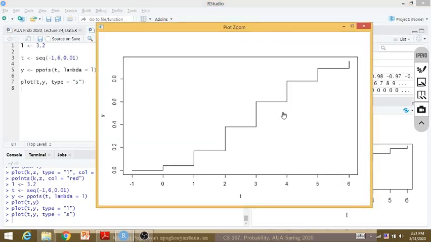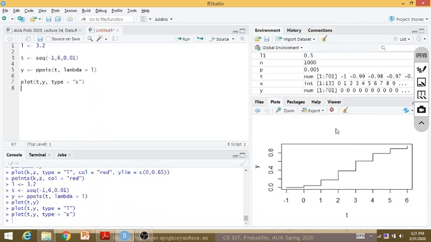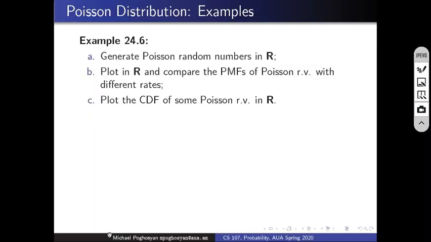And this is the graph of our CDF of the random variable Poisson 3.2 from -1 to 6. And this will continue this way, tending to 1. Nice. So let's move forward.